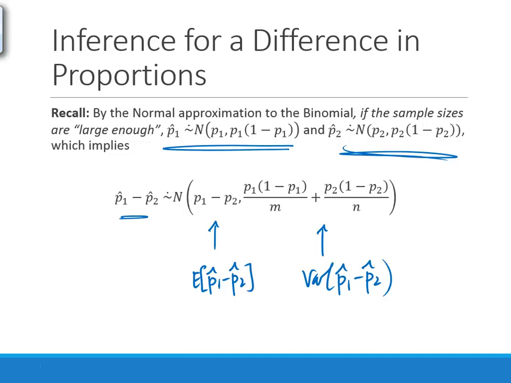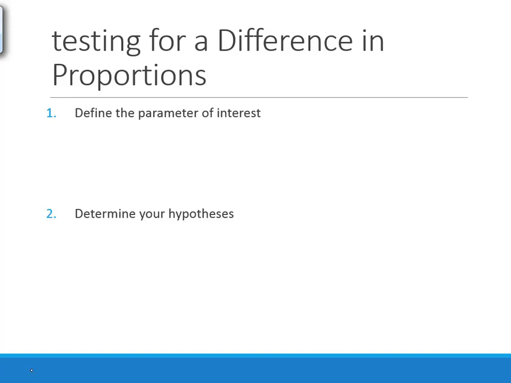So let's get all the details straight for what we're going to do. When we're testing a difference in proportions, first we'll talk about a test, then we'll show the confidence interval. Our parameter of interest again is p1 minus p2. That's the difference in proportions from each population. Our hypotheses are going to be exactly what you would expect.